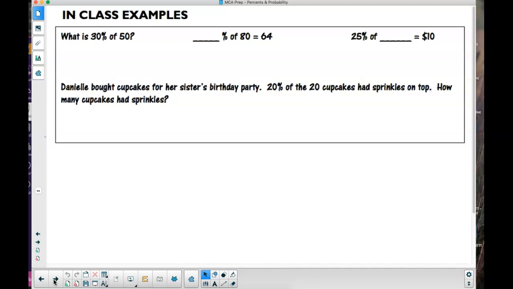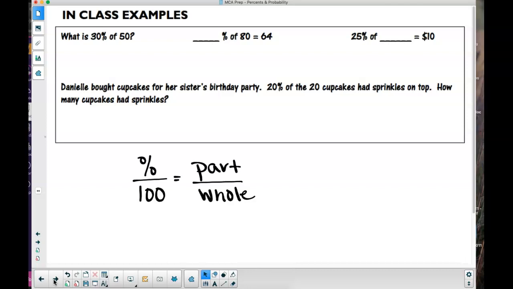Okay, somewhere on your paper, I want you to write this down. Percent over 100 equals part over whole. Remember that? Okay, we're going to use that quite a bit. Do you remember what words went with part and whole? Of and is.